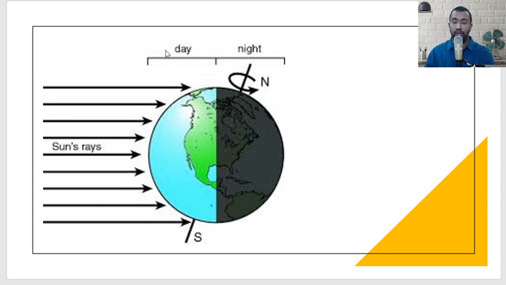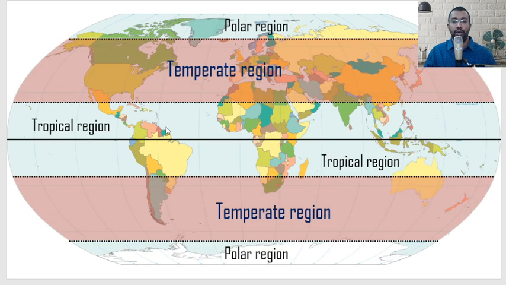You are supposed to have a basic understanding of where your equator is and where your tropics, that is, both the Tropic of Cancer and Capricorn, are, where your Arctic Circle and Antarctic Circle are, and where your North Pole and South Pole are. As you observe this diagram, the region between the Tropic of Cancer and Capricorn is considered a tropical region.